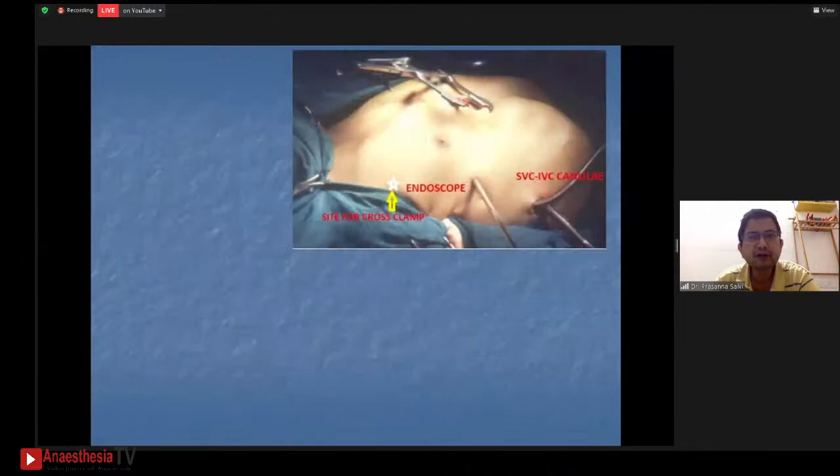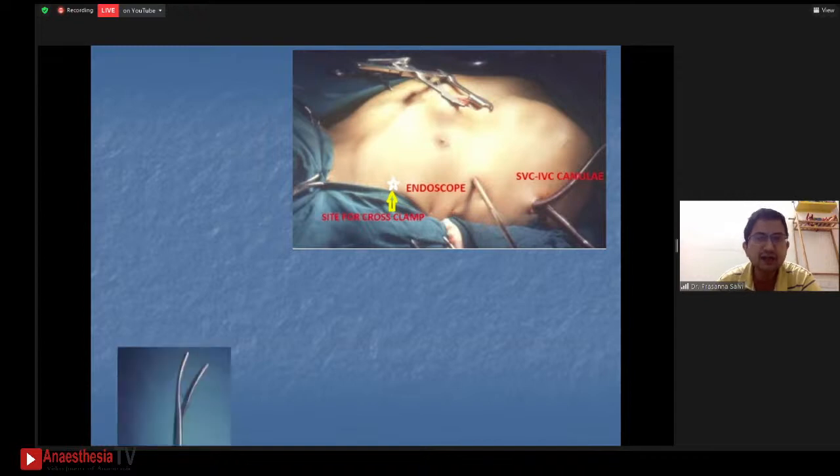So as you see, once we are ready to go on bypass, the cardioplegia needle is put through the incision. And where you see the site for the cross clamp, that is in the 2nd intercostal space in the mid-clavicular line, we make a very small incision, and through that we push in an endoscope or an endoclamp, and then we clamp the aorta, and then the cardioplegia is given.